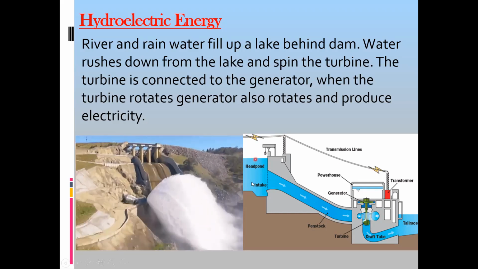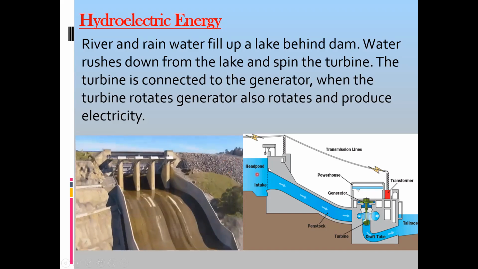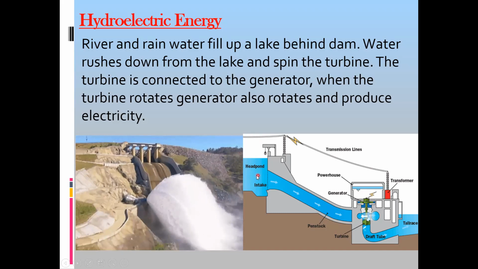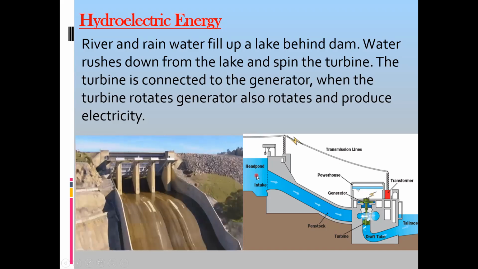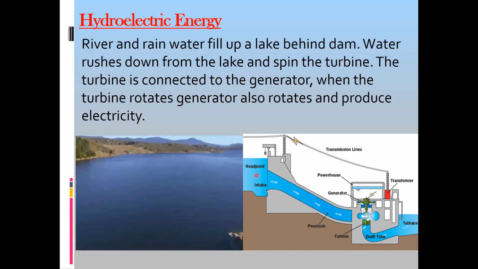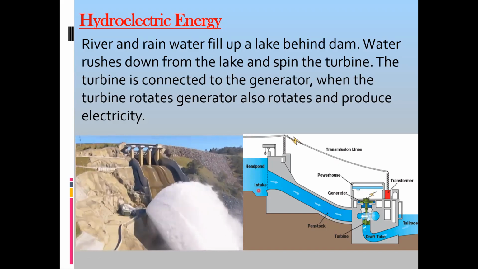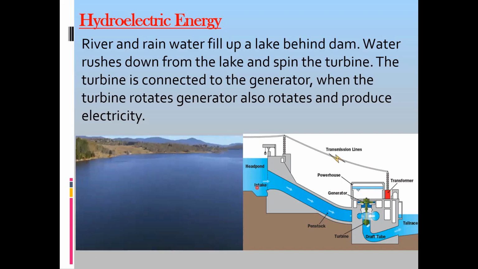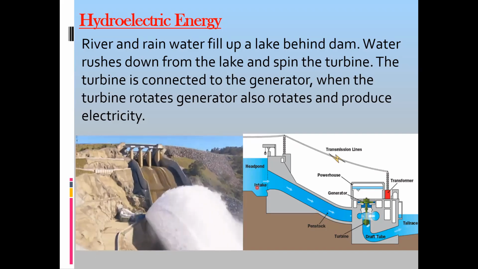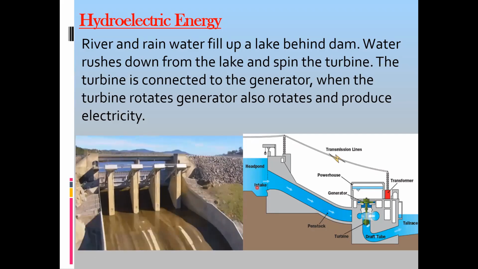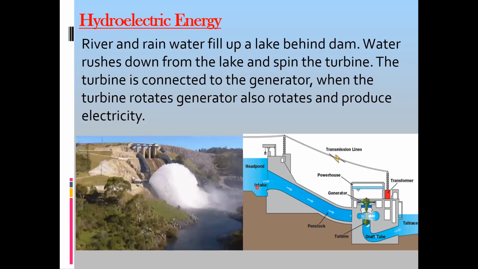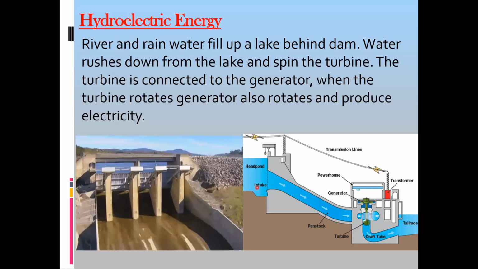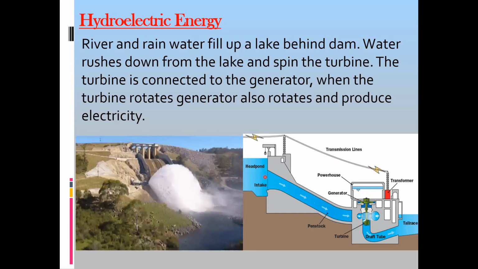But the main concept is that we store the water behind the dam. Because it is a river or a lake, the water is continuously coming. For example, if it completely stops raining in that region for several years, then the water of the dam will be used up and no more water will be there. But because it is built on a river or a lake, which is the source of fresh water, and fresh water comes mainly through the rain, from time to time it fills up this dam.